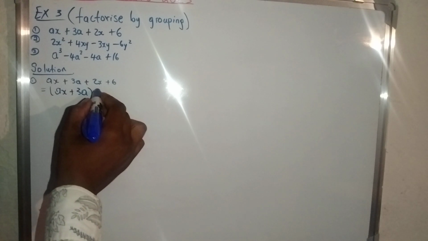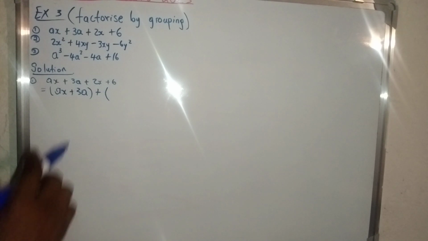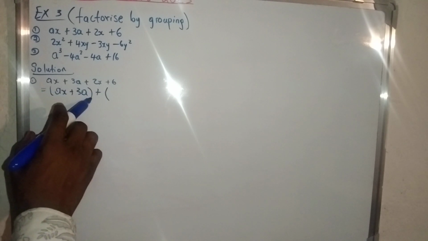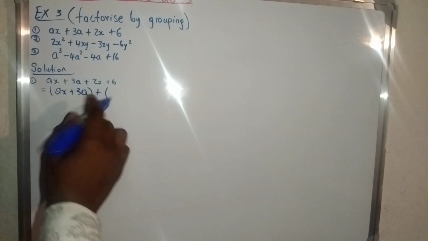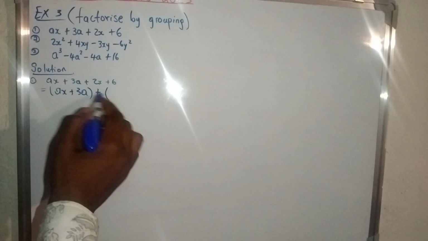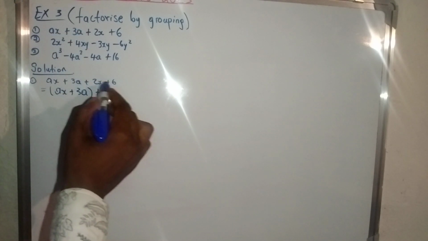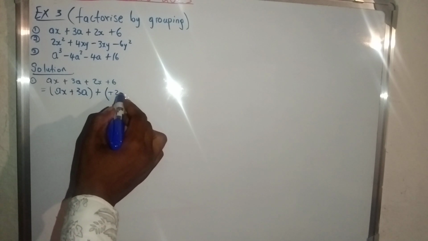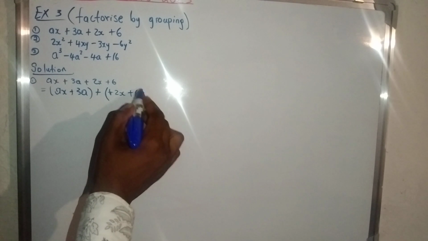Guys, I want you to watch this carefully. Whenever you are doing grouping, please make sure that you always put the addition sign between these two brackets, and you put the last two terms with their signs inside the brackets. This one is positive 2x, and that one is plus 6.